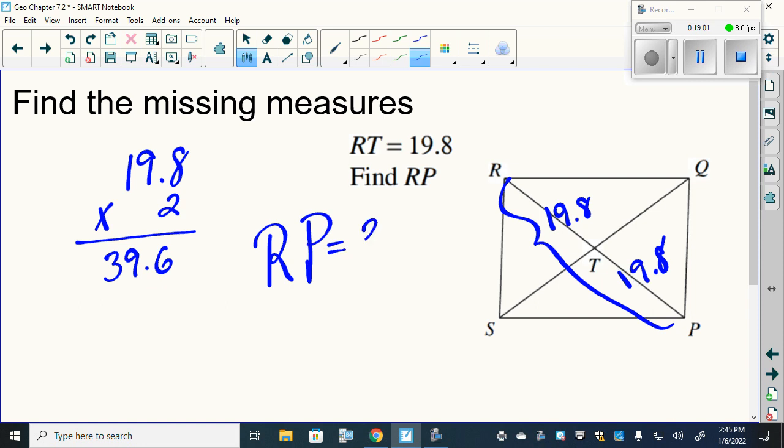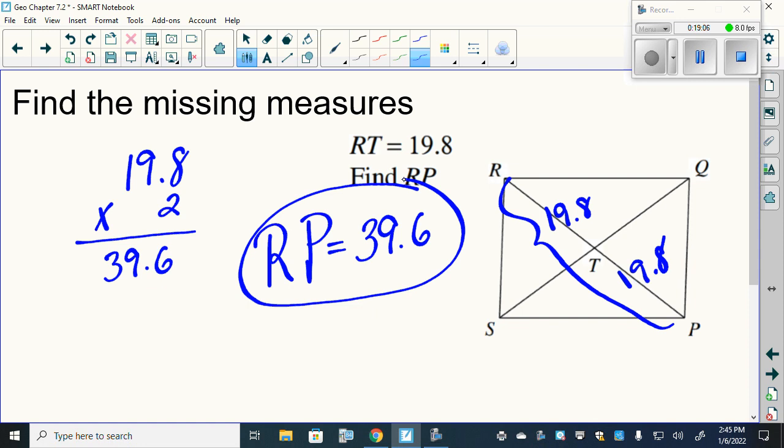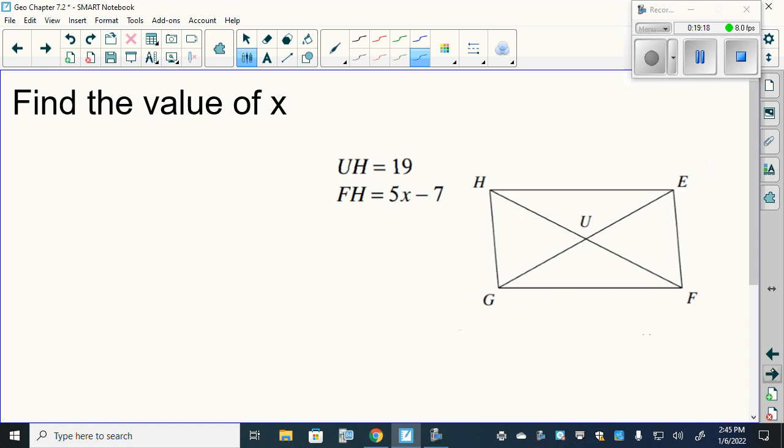So RP is 39.6. Any questions on this here? I think we got it.